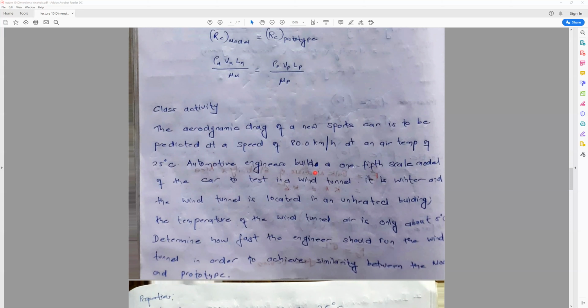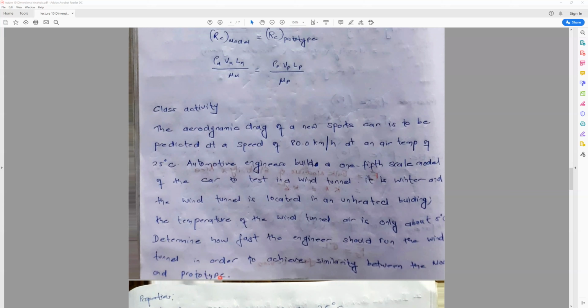Automotive engineers build a one-fifth scale model of the car to test in a wind tunnel. It is winter and the wind tunnel is located in an unheated building. The temperature of the wind tunnel air is about 5 degrees centigrade. Determine how fast the engineer should run the wind tunnel in order to achieve similarity between the model and the prototype.